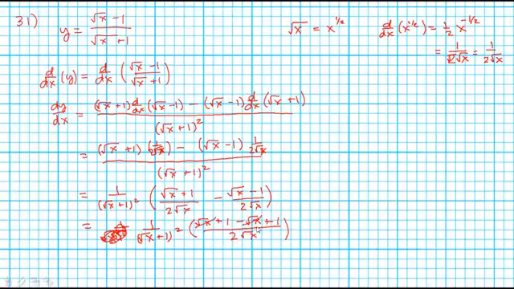Those root x's cancel, leaving me a 2 on the top. That 2 cancels with that 2 there, and so what do I end up with? I end up with 1 over root x times root x plus 1 squared. That's 31.